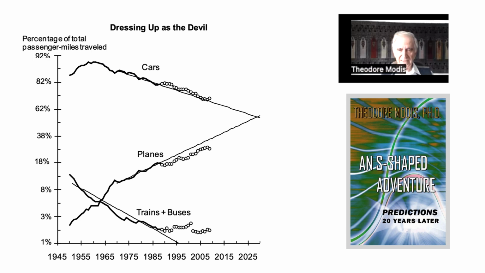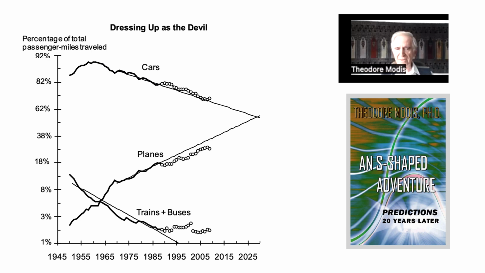Anyway, the thing that I like mostly about this is that when the private car, as a means of transport between cities in America, was at its maximum, more than 90% of all travel was done by cars in the mid-50s, and yet the airplanes were rising. You see here, they're rising rather aggressively, traveling by airplanes.